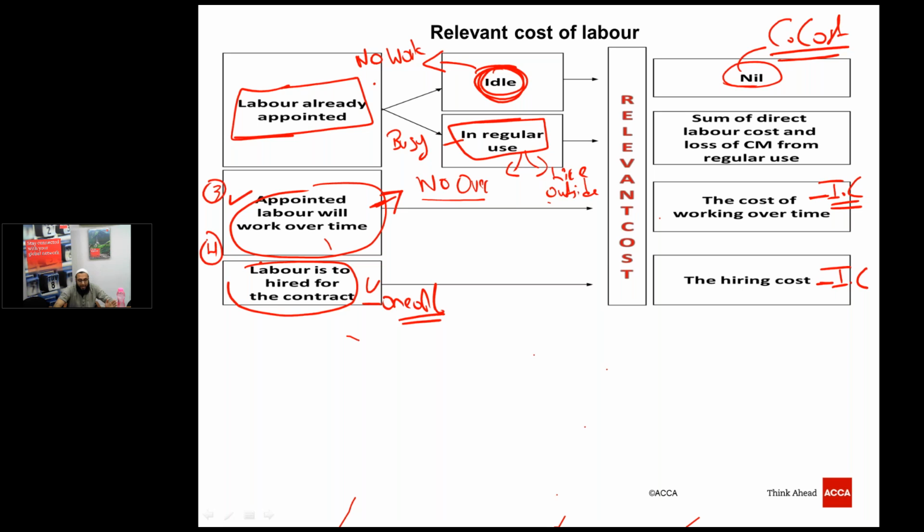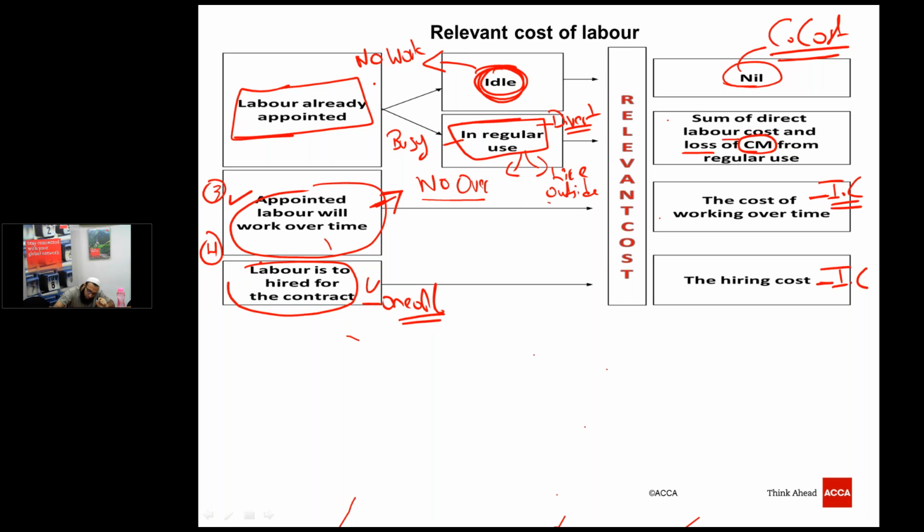You will divert the labor from regular use to the one-off contract. Now, if you divert the labor from regular use to the one-off contract, what will you lose? You will lose contribution margin.